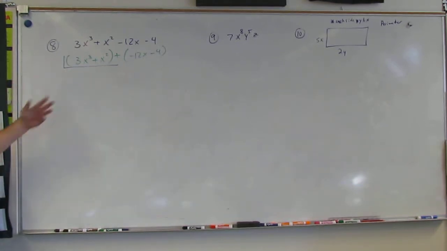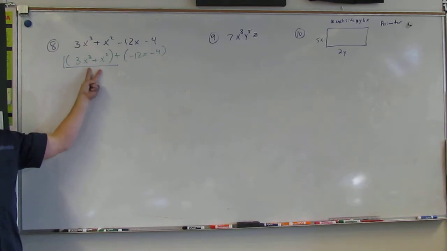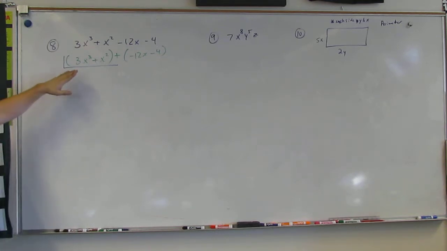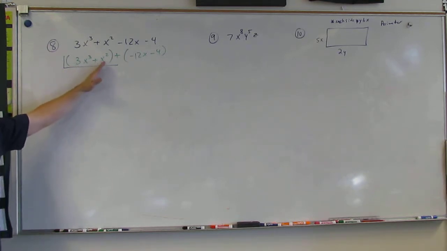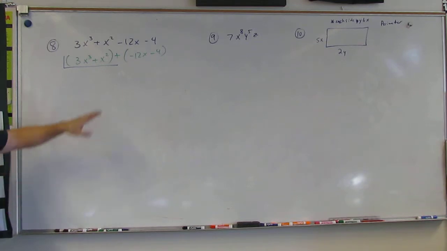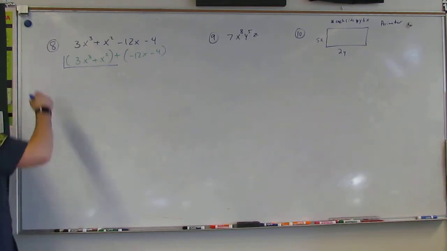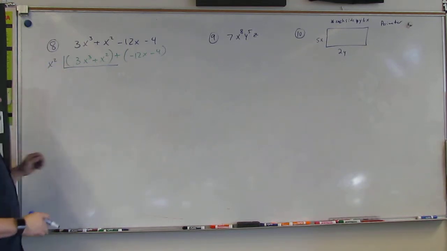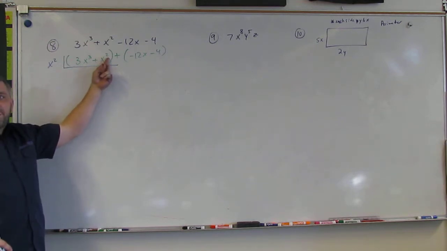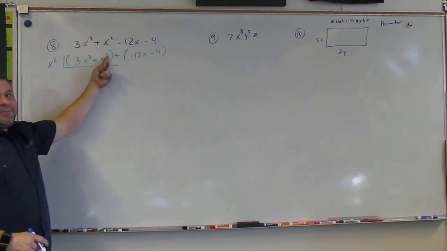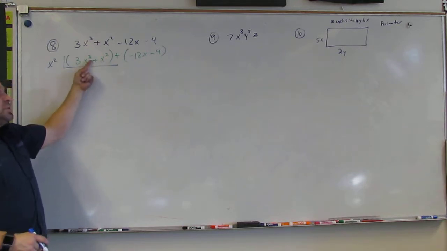What goes into both of these? 3 won't go into both of them because there's a 1 here, right? So only x. There's an x in both of them, so x squared will go into this. I can take 2 away from here, and I can take 2 away from 3.